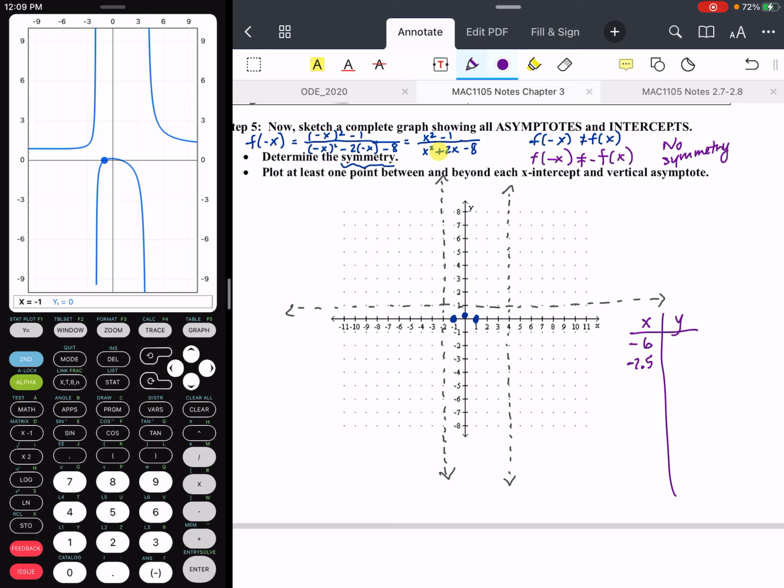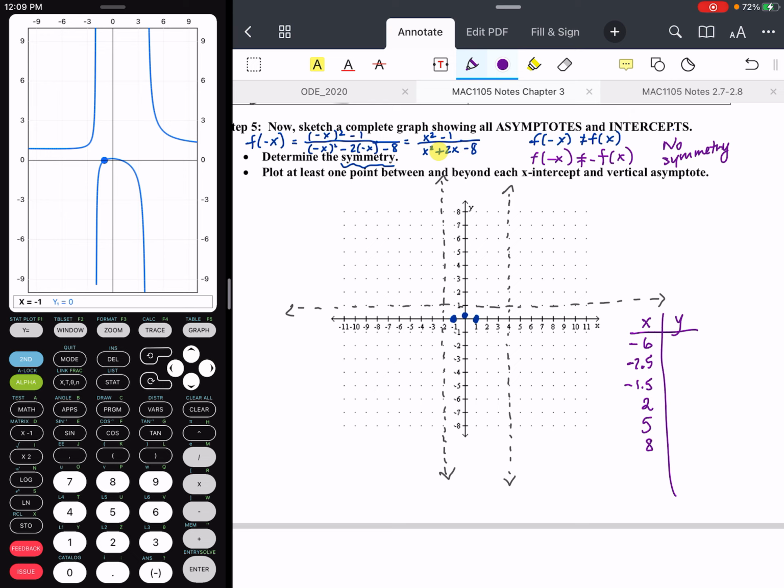In between my vertical asymptotes, maybe I'll do a negative 1.5 to the left of that negative 1 x-intercept, and then about a 2 to the right of my x-intercept of 1. And then to the right of that vertical asymptote, maybe I'll do, let's try x equals 5, and then x equals, I don't know, 8. Let's see how those work.